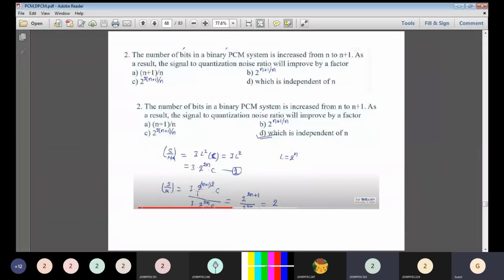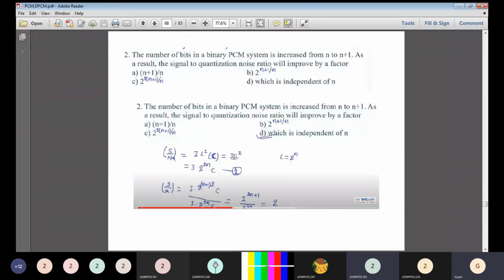Next, if we substitute into this equation, the signal to noise ratio equation, 3 into 2 power of 2 into n plus 1 into C, like that, if we substitute, we will get 2 as the answer. So what is the conclusion? It is independent of n.